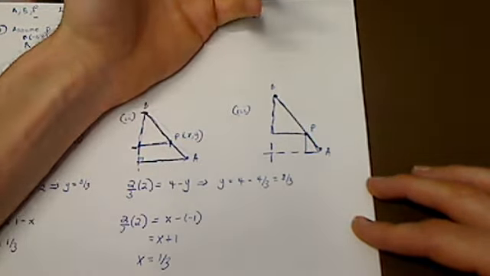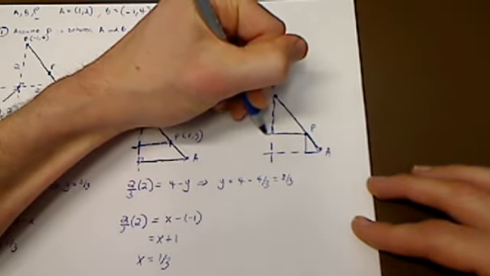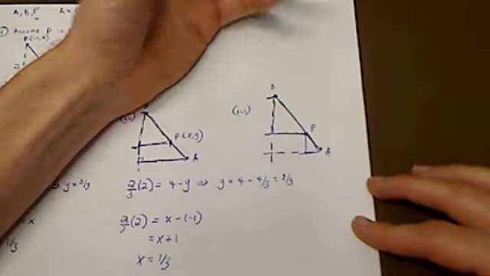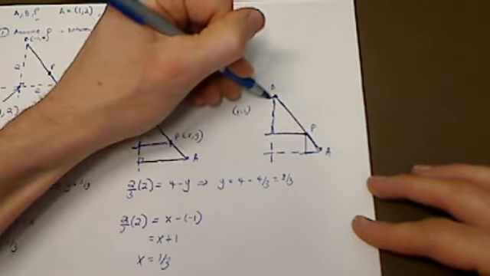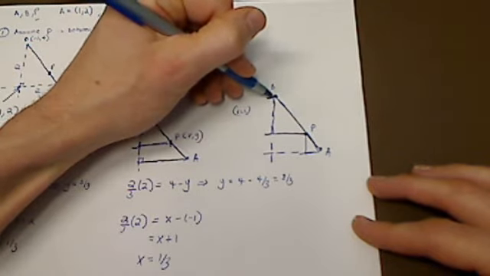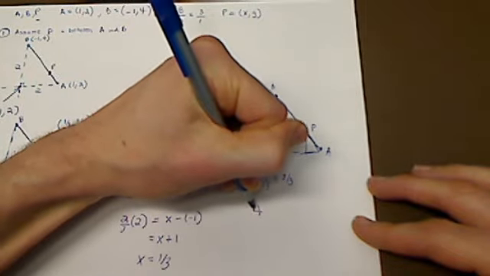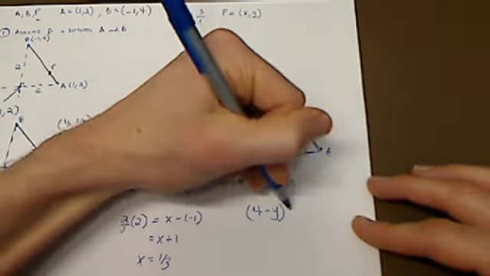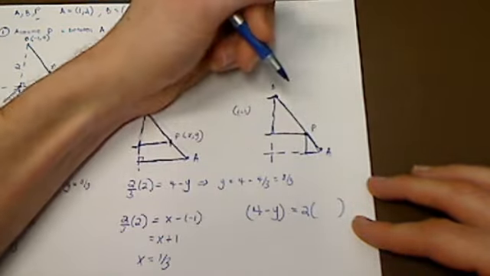Now this one you have to work a little bit more because you're going to have to relate this side to this side, and it's going to be a little bit more complicated equation. So let me put it down here. But this length right here is still going to be the y coordinate minus the y coordinate here. So I have 4 minus y, but it's 2 times bigger than this difference.